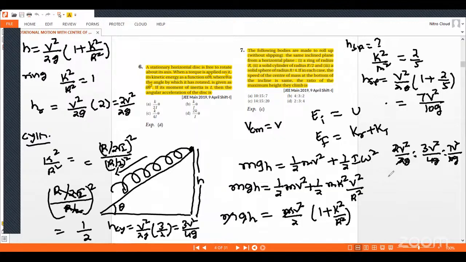So 1 is to 3 by 4 is to 7 by 10. Fine. So multiply by 20 in each term: 20 is to 15 is to 14.